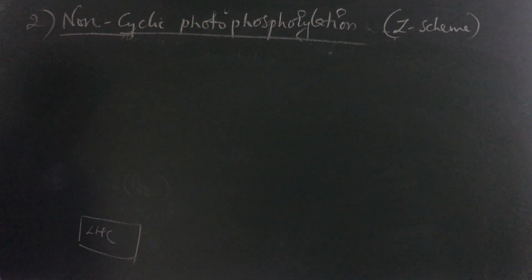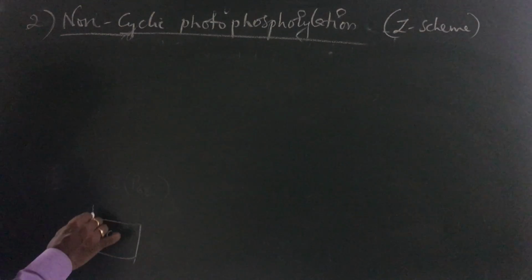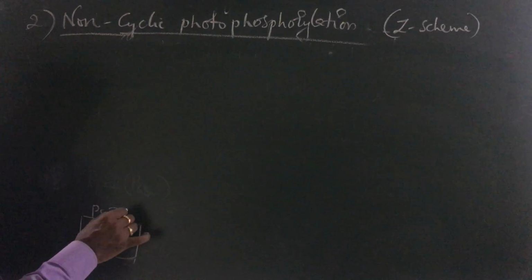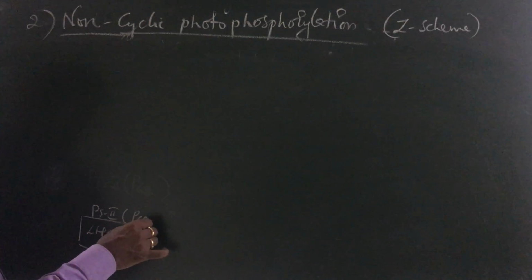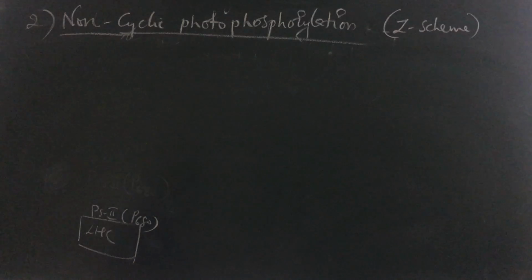So this is photosystem 2. Now listen, whatever light falls first, it falls on photosystem 2, that is P680.